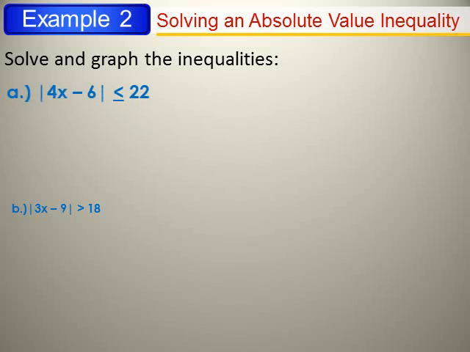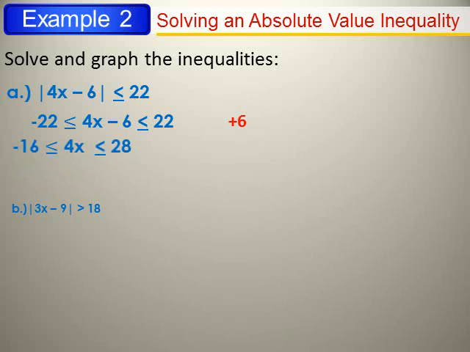absolute 4x minus 6 less than or equal 22. If it was less than, that means the value of the absolute is between negative 22 and 22, greater than or equal negative 22 and less than or equal 22. Solve the equation for x, then add 6 to all sides.